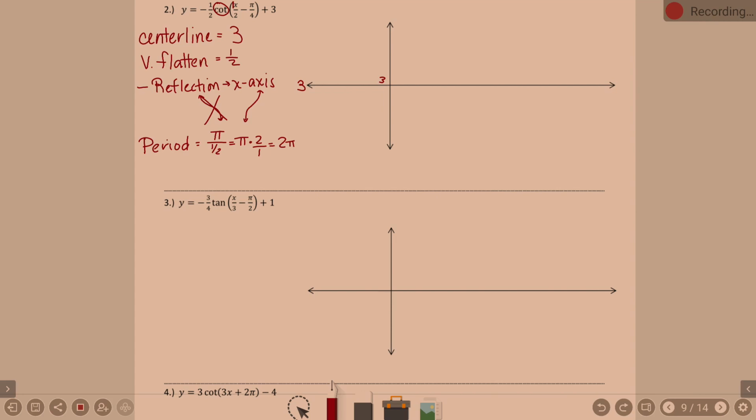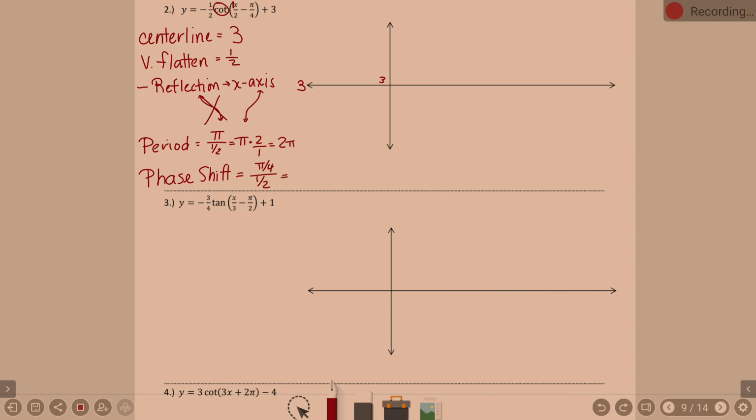And what about a phase shift? Pi over 4 times 2. Is she right? Let's see, c over b. So pi over 4 divided by 1/2.